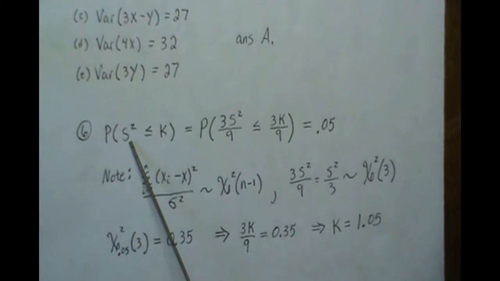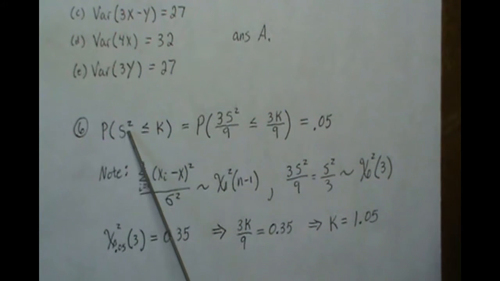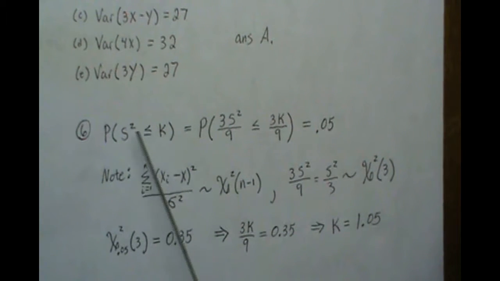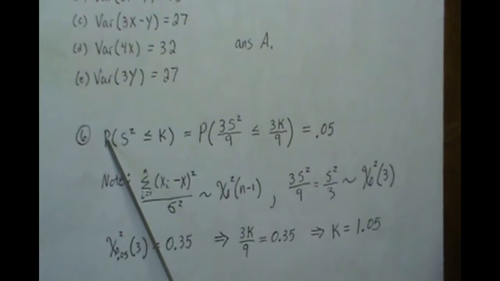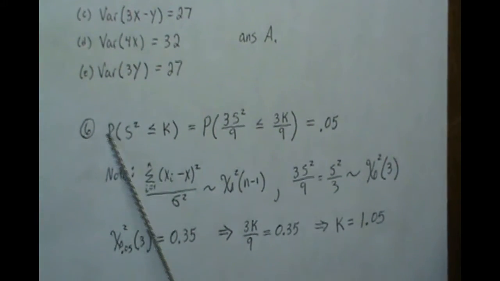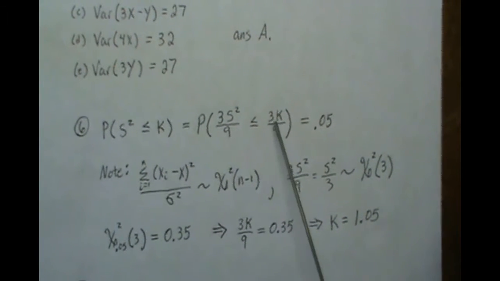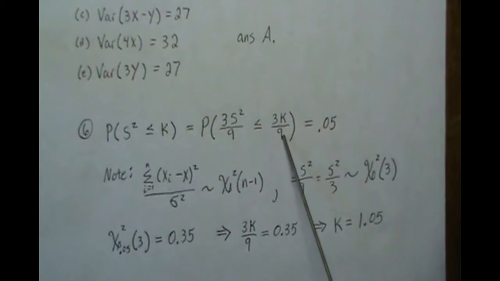So if you take the sum of the squares and then divide it by its variance, then that ends up being chi-squared. The neat thing about probability is if we do the same thing to both sides, it doesn't change the probability. So here we multiply both sides times 3/9.